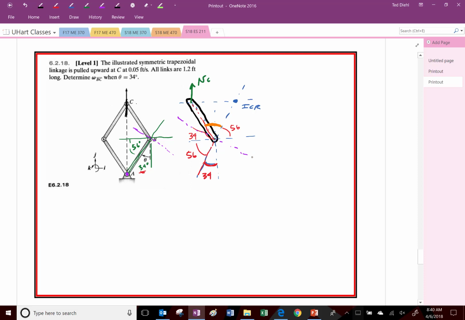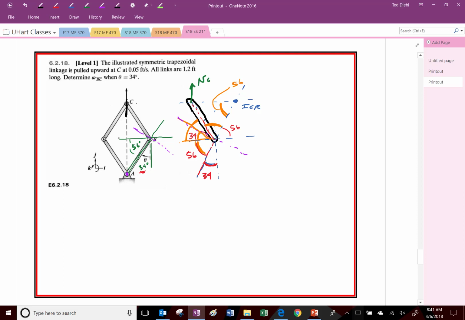Oh, you know what I think I did? I said that if this is 56, then this has to be 56. That's what it is, right? Do you agree with that? I hope so, because it's true. And if that's 56, we also know that this piece right here is 34.